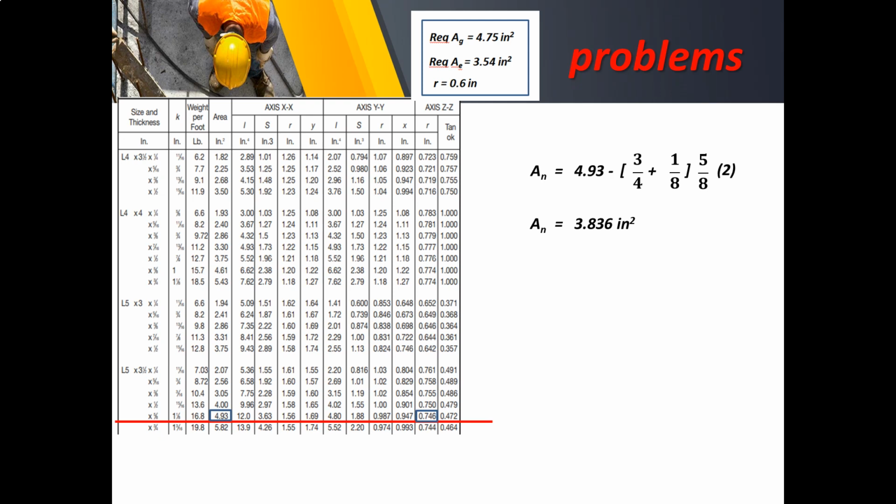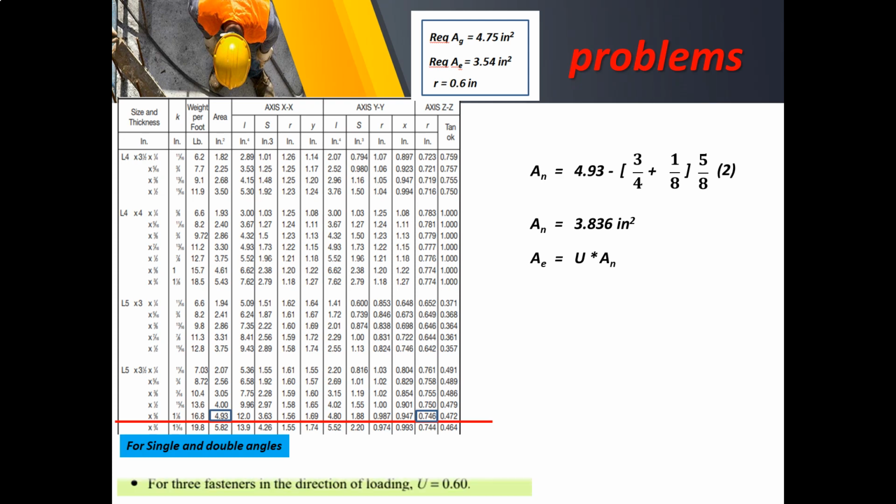Now, comparing that, before we compare, of course, net area shall be converted or translated to the effective area by multiplying the net area to the reduction factor U. So again, we adopt 0.8 in here, times 3.836.